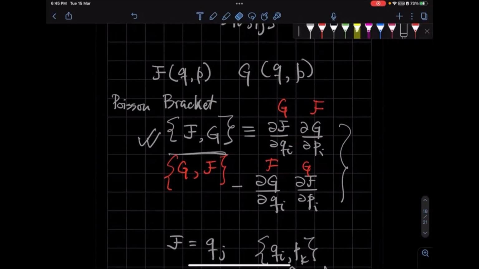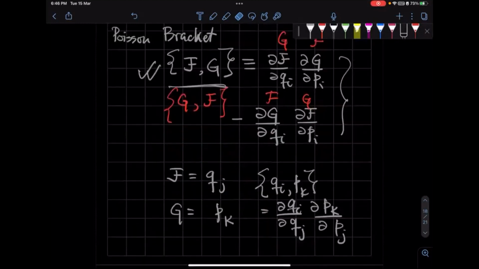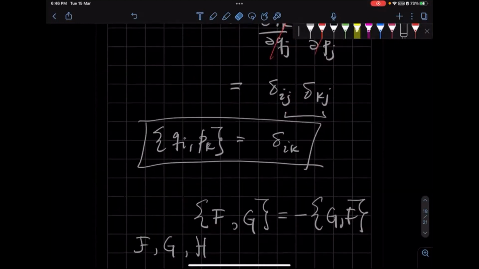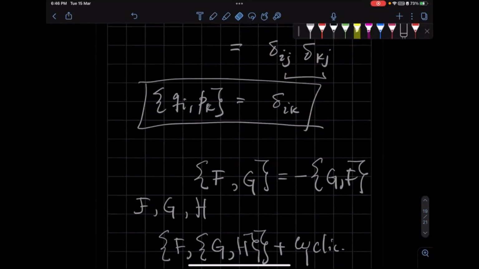I always go back and do this. But you can look it up, and if you have questions, I can also answer those individually offline. Yes, sir. Okay, so is this clear why the Poisson bracket is also a Lie algebra? Yes, sir.